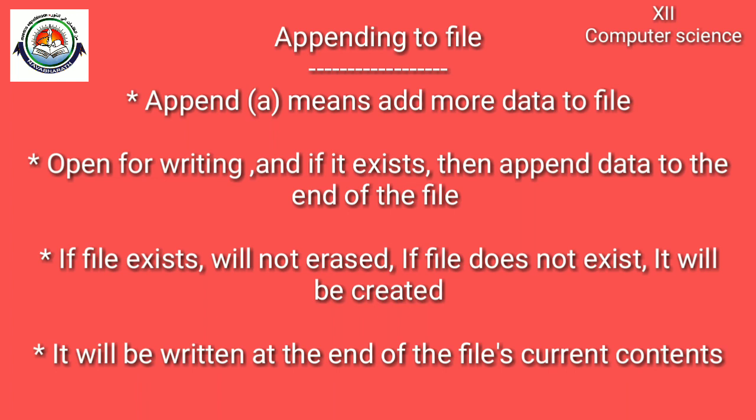This means that if the file already exists, it will not be erased. If the file is already there, it will not be erased, but if the file does not exist, it will be created.